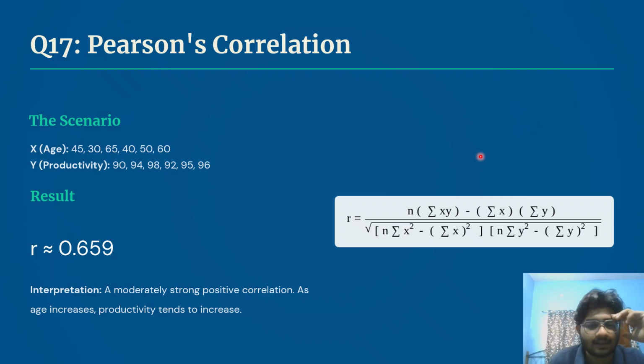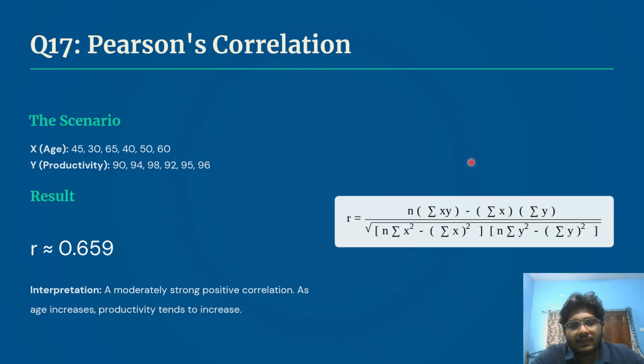It tends to increase, right? And the nature of correlation is: 0.8 to 1 strong positive, 0.4 to 0.7 moderate positive, 0 no relation, -0.4 to -0.7 moderate negative, -0.8 to -1 strong negative.